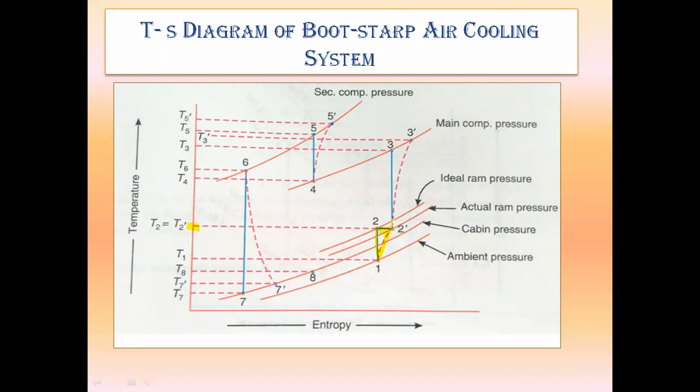Then the 2 to 3 process, or 2 dash to 3 process, is nothing but the compression inside the first compressor, or inside the main compressor. Here pressure will increase from the actual ram pressure to the PD1.